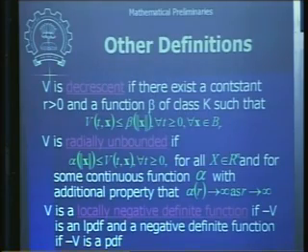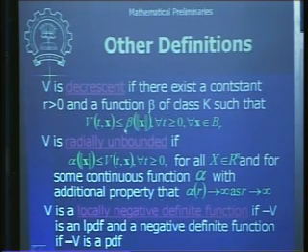Now let us see some other definitions. The first definition is something called decrescent. The function is said to be decrescent if there exists a constant small r greater than 0 and a function beta of class k such that v is now less than or equal to this beta.